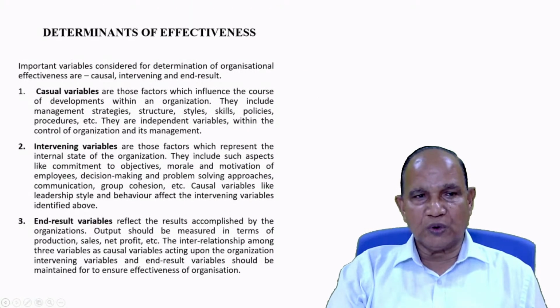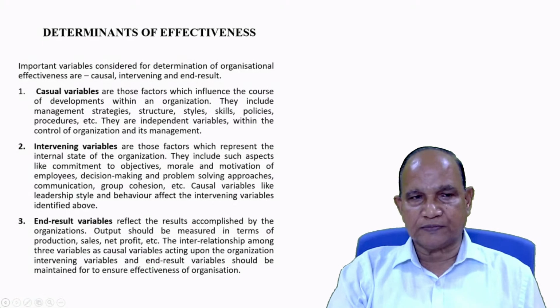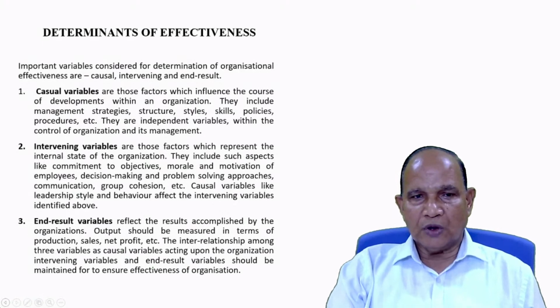Then let us go to the determinants of effectiveness. There are certain determinants. I'm going to explain some of the important determinants for ensuring effectiveness, and these are causal, intervening, and end result determinants.